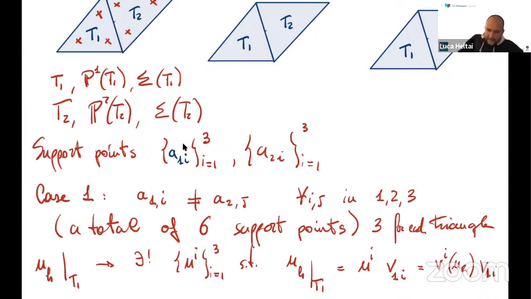So I'm saying that the local degrees of freedom are constructed through VI, and I never said what those VIs are.